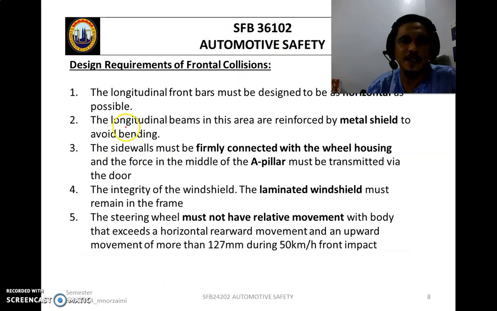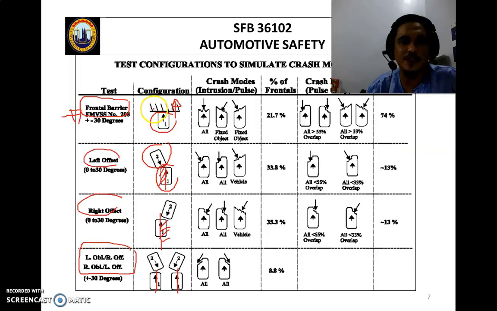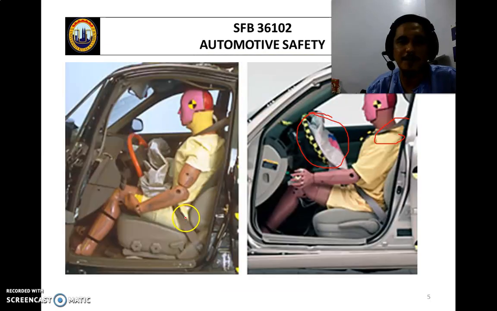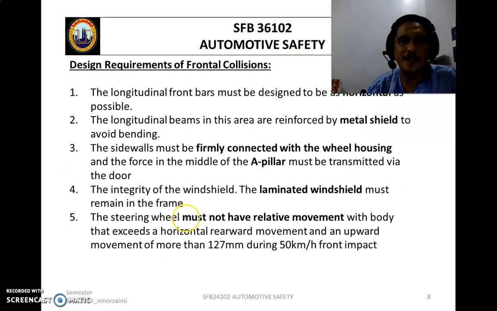The design requirement for the frontal simulation test, for the first category, the frontal barrier, is that the longitude front bar must be designed as horizontal as possible. Where is the front bar? This is the front bar. It must be designed as horizontal as possible to avoid bending. The second requirement is that the longitude beam in this area is reinforced by a metal shield, to avoid bending.